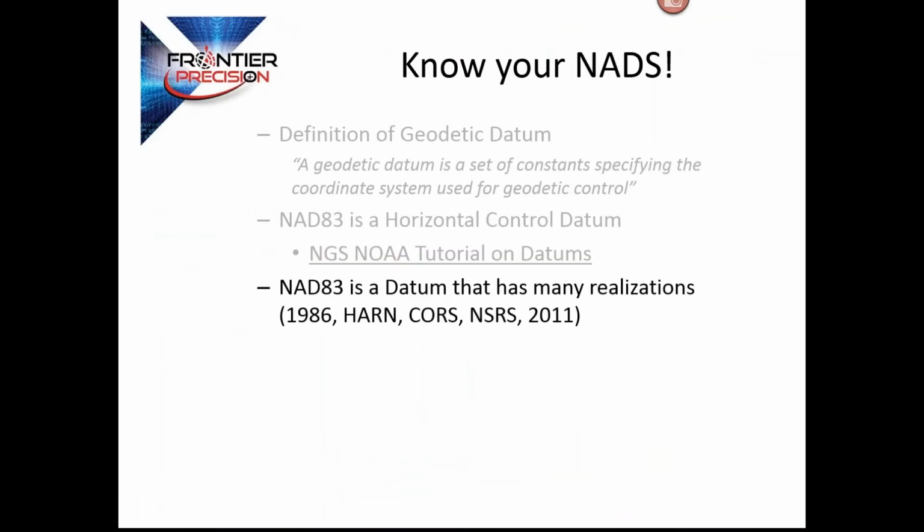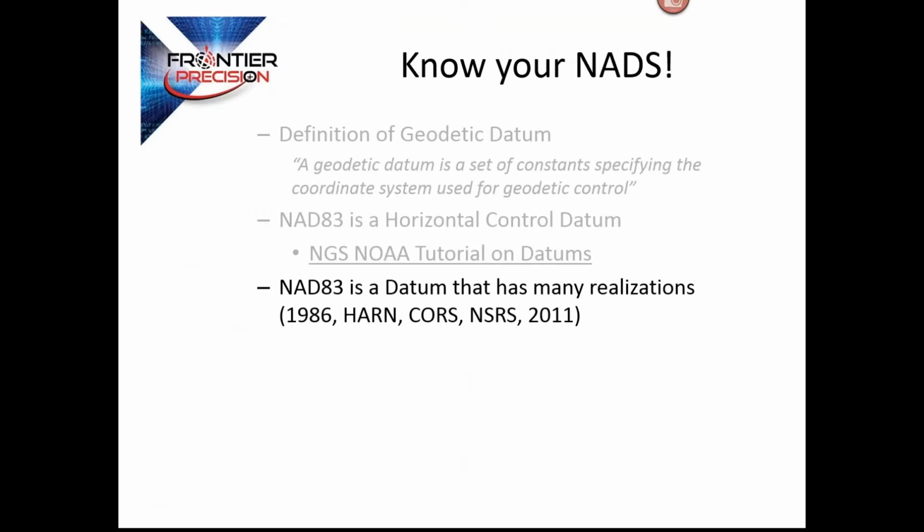So let's also make sure that everybody on this webinar understands that NAD83 is a datum that has had many realizations: 1986, HARN, CORS, NSRS 2011, just to name a few.